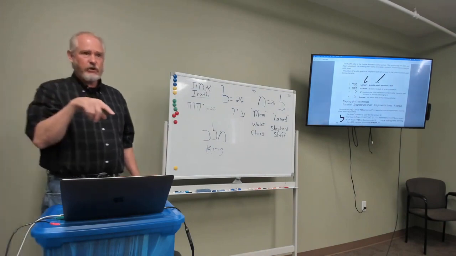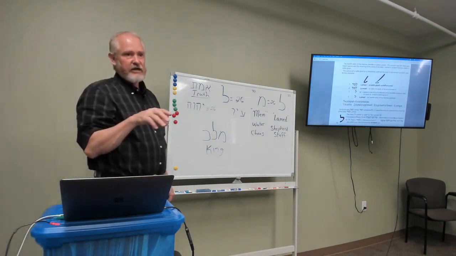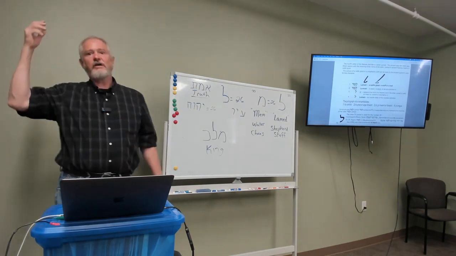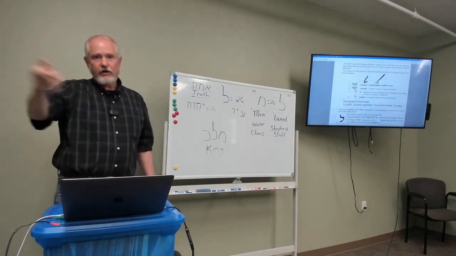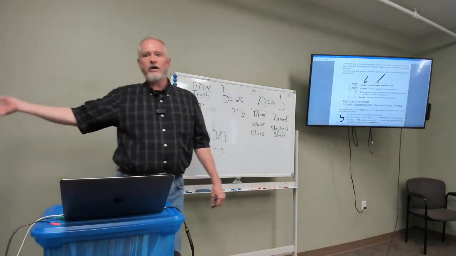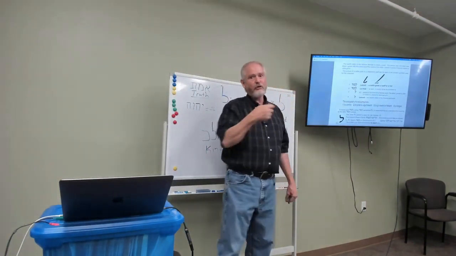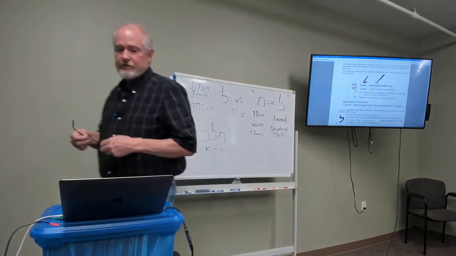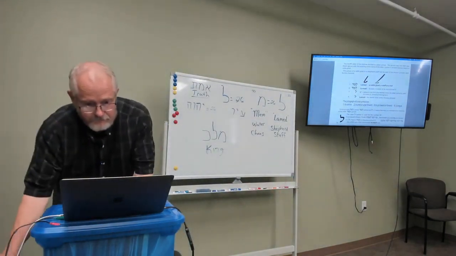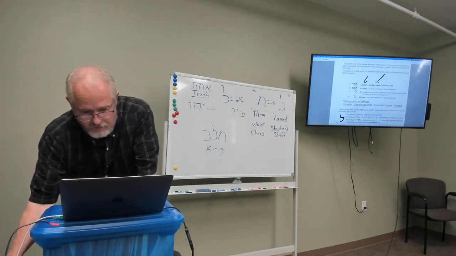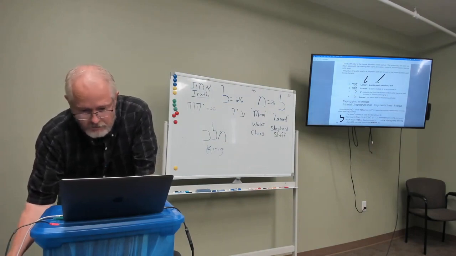If Lamed shows up as a prefix, it means to. Okay? Because you take as a shepherd, you take the flock from one place to another. So it means to. T-O. It can mean, it says here also, towards or belong to.